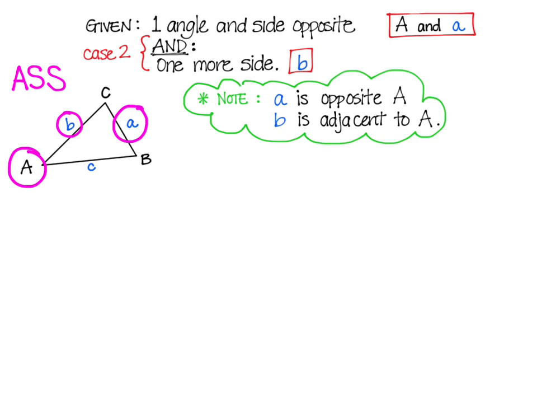And the reason there's ambiguity is this side A, I'm going to just say and draw another line in here. I'm going to draw another line that's exactly the same length as this side A, and it's going to go somewhere else in the triangle, and there it is.